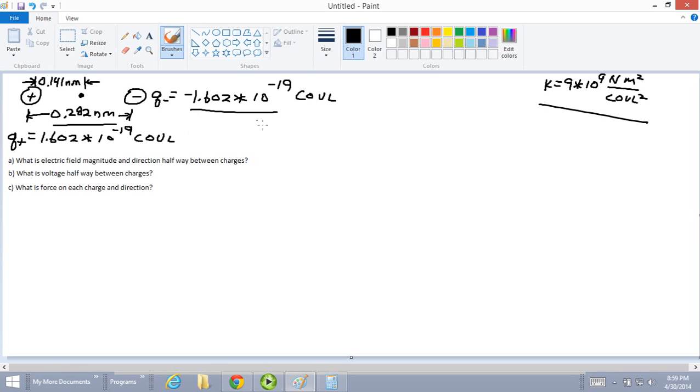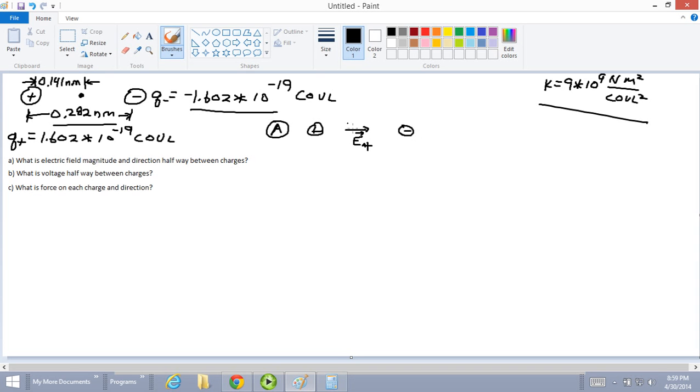Okay, part A, electric field. Now, first of all, we recognize electric field goes from positive to negative. So we're going to have an electric field vector due to the positive charge in the positive x direction. There we go, positive charge. We have the negative charge over here.